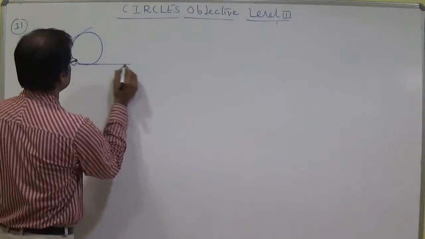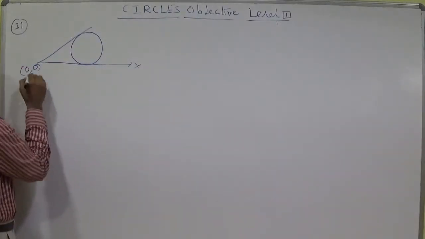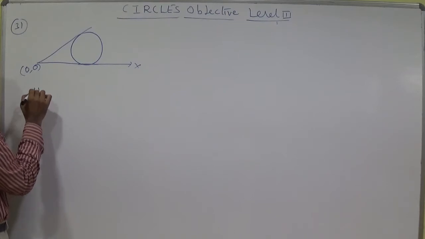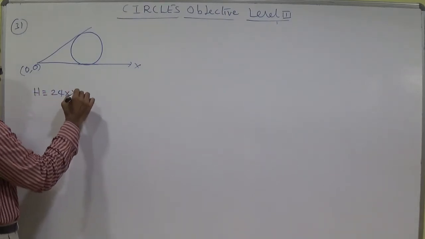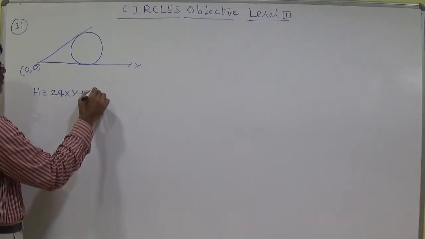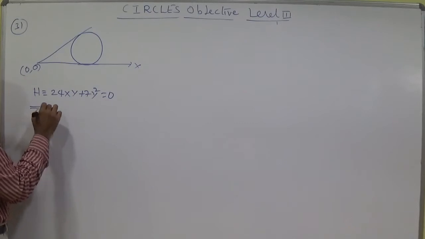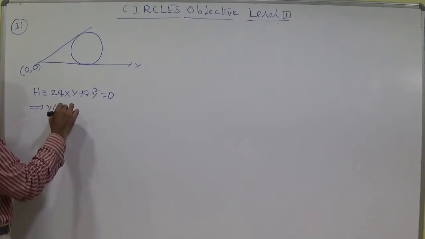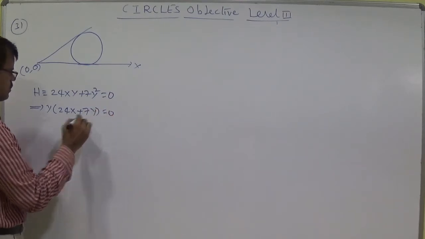Draw like this. This is the x-axis. The pair is passing through origin. Take 24xy plus 7y square equal to 0. Taking y common, it becomes y(24x plus 7y) equal to 0.